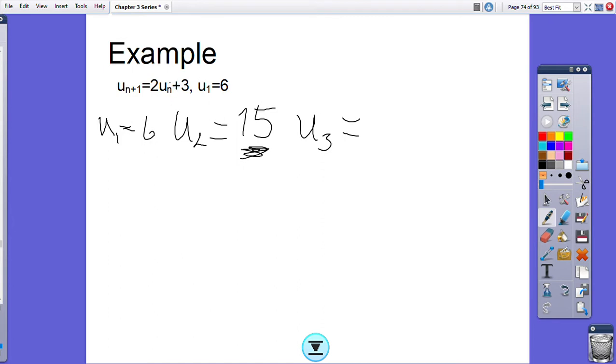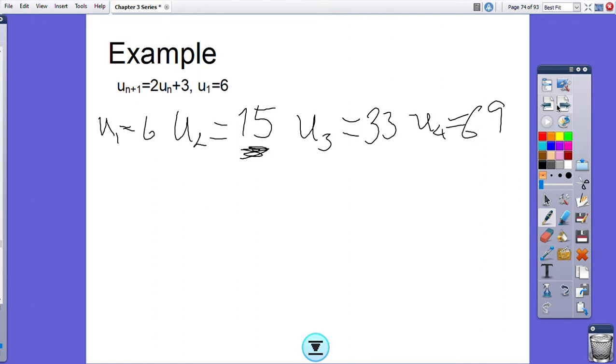So we do 2 lots of 15, which is 30, plus 3, which is 33. And we get u4 by doing 2 lots of 33 plus 3, which is 69. So that's a very simple recurrence relationship.